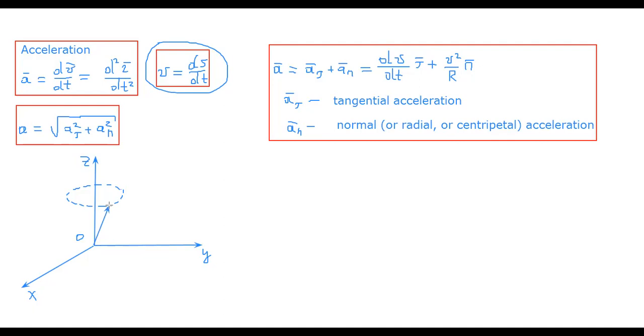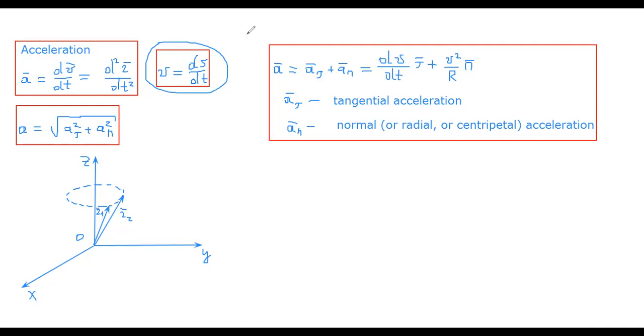Let's consider that at the first time moment we have radius vector r1, and at the second moment we have r2. Oh, that's bad, we have not enough space here. R1.